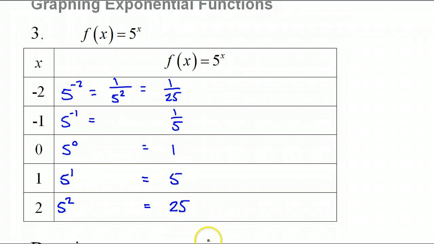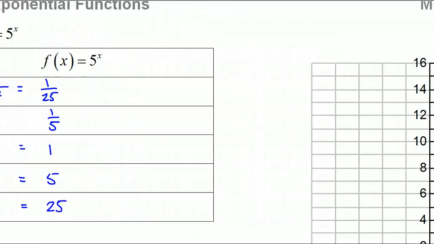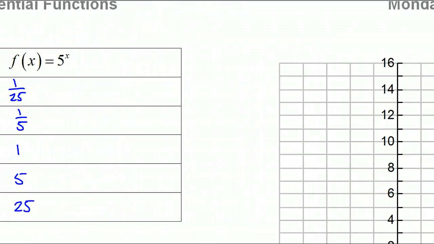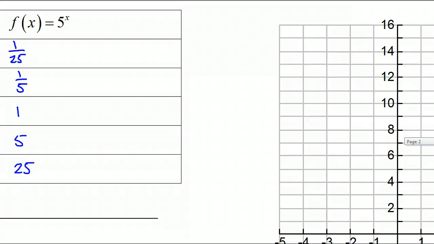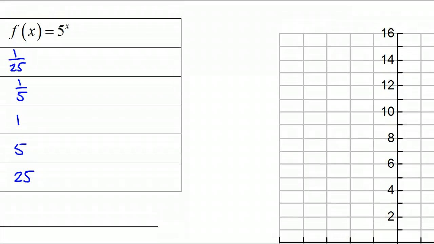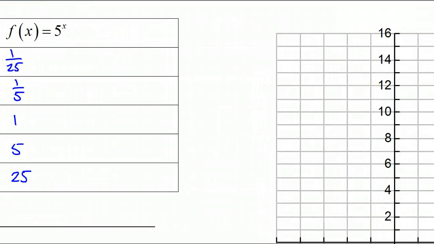Now, 25 is not going to really fit on our graph, but we're just going to do our best. I might have to zoom out a little bit. So first, at negative 2, we've got our 1/25.